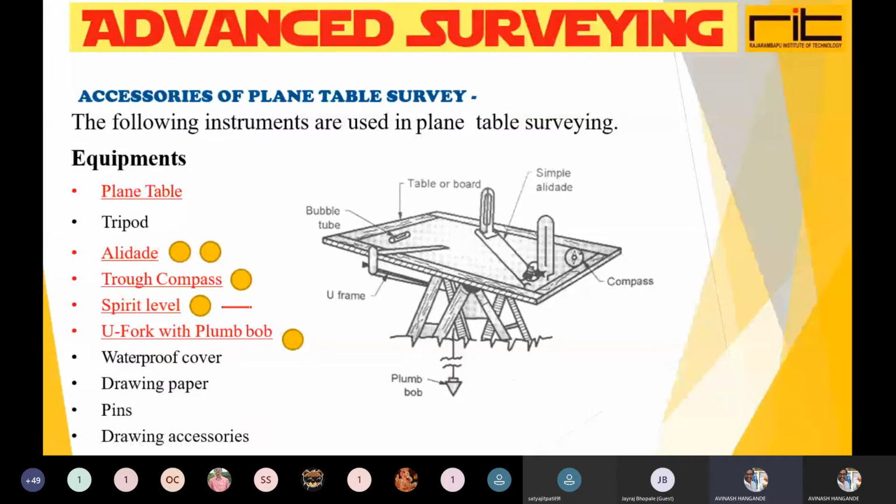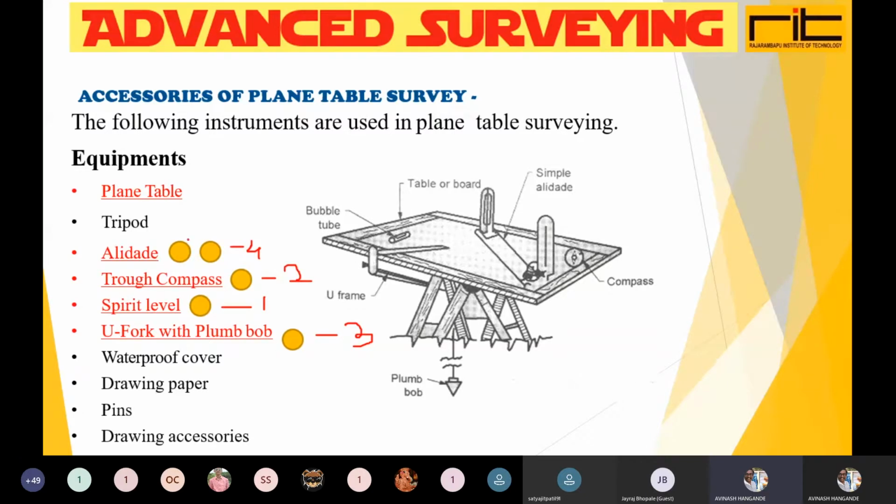First, the right sequence is leveling. So we have to first level our instrument. Second is marking the north direction. Third is the U fork, and fourth one is marking the station points with the help of the alidade.